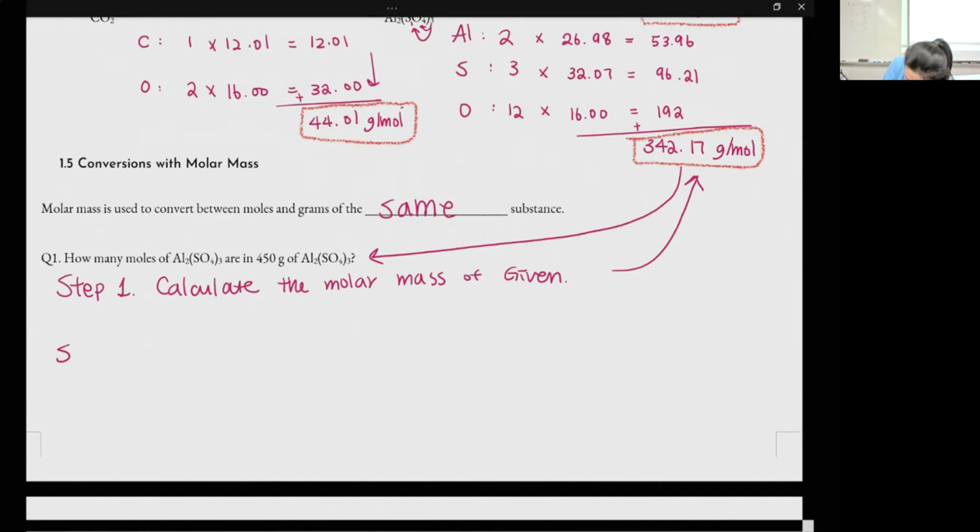And then step 2, you will divide the given by the molar mass.